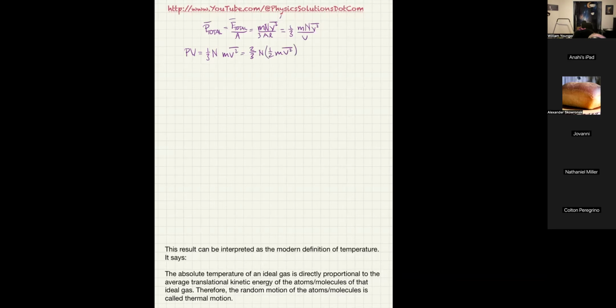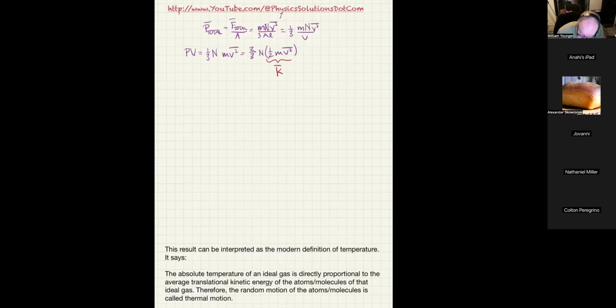And you see that this in the parentheses is in some sense the average kinetic energy. That's the K bar. And that really is what we're trying to do here. So now that I have that part, we're in a really good spot.